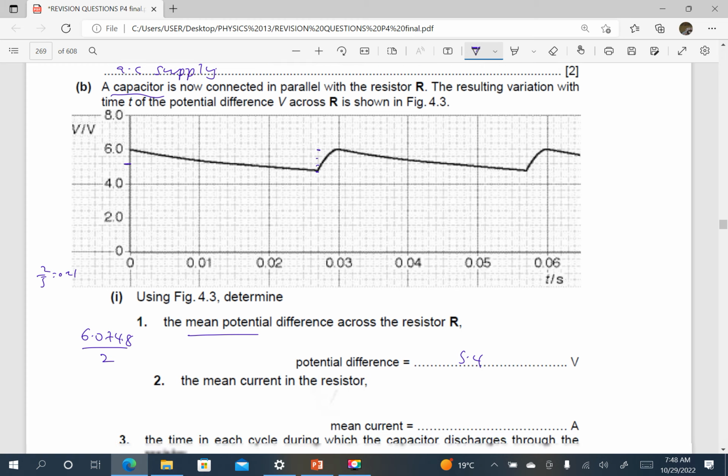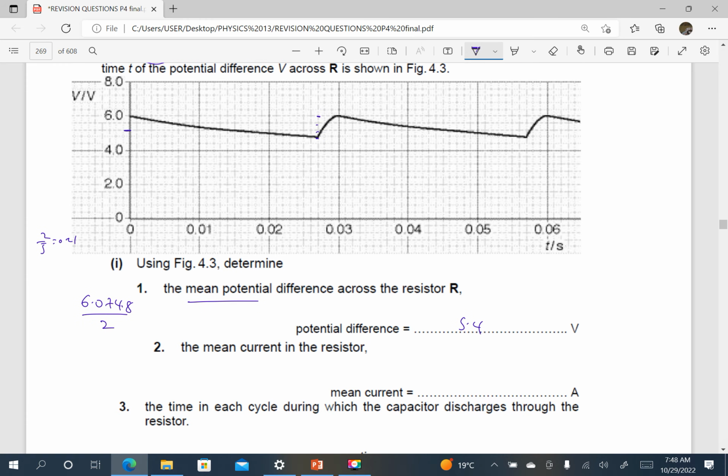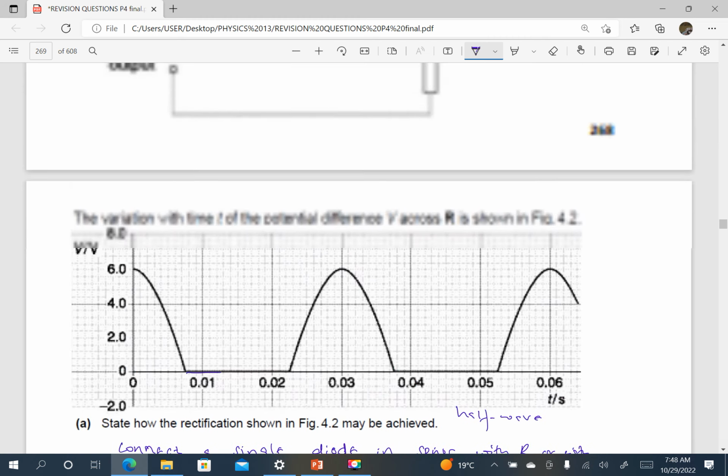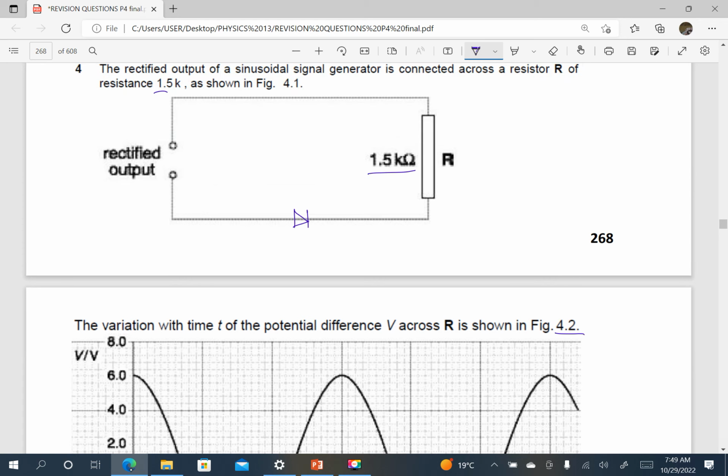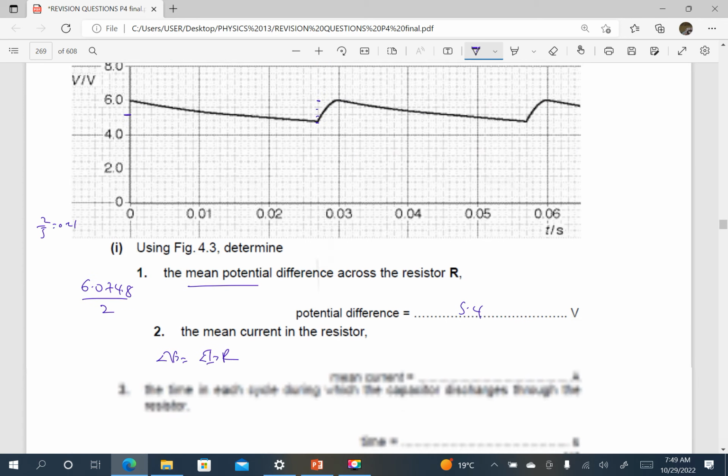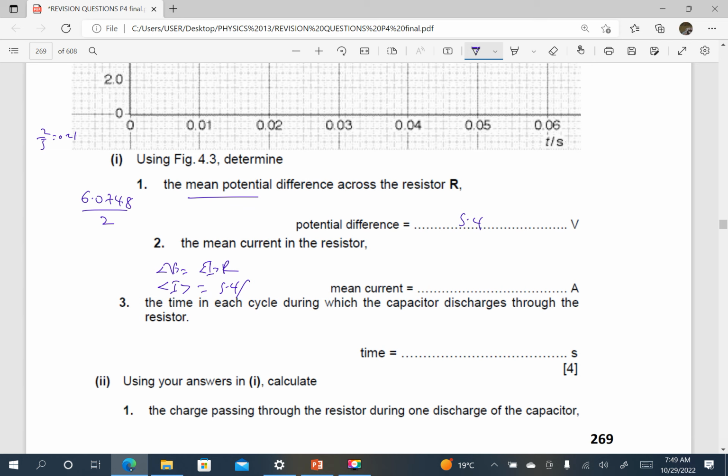Then the mean current in the resistor. Of course, V is equal to I times R. Since we have the average value of V, the average value of current is the average of V, which is 5.4, divided by R. They told us R was 1.5 kilo ohms, so we shall just divide this by 1.5 times 10 to the power 3.